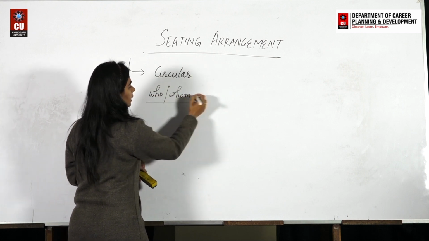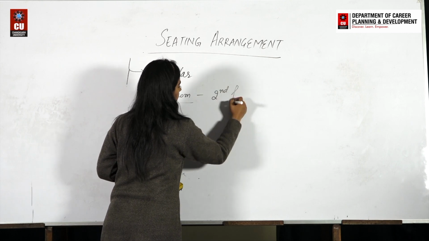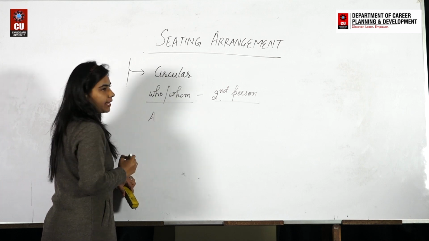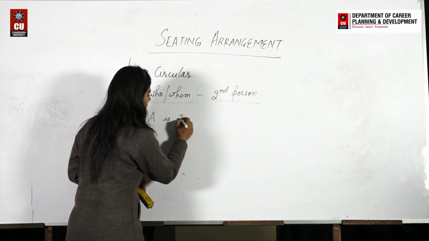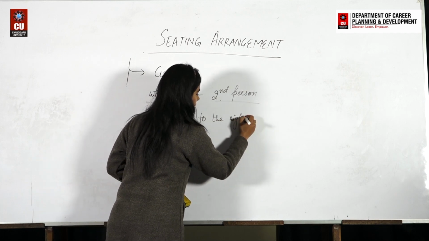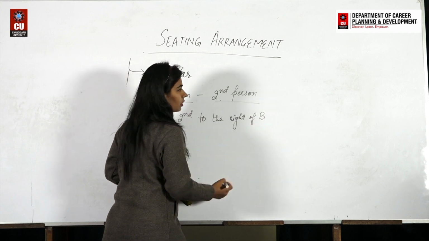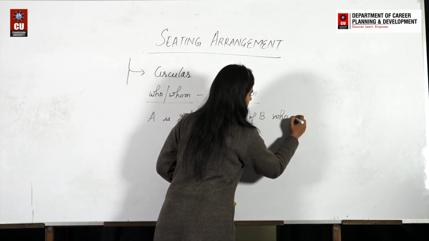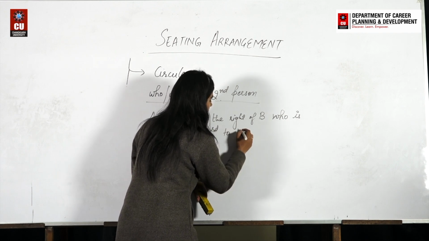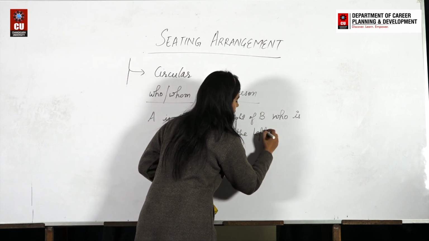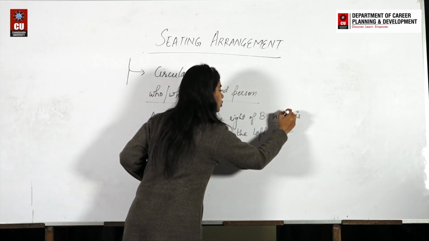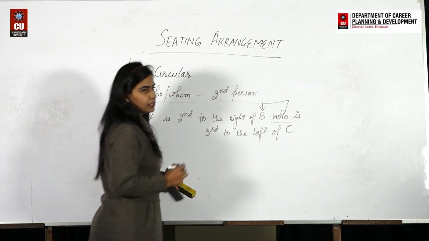That is used for the second person. Taking an example, A is second to the right of B, who is third to the left of C. Now, who is used for the second person.